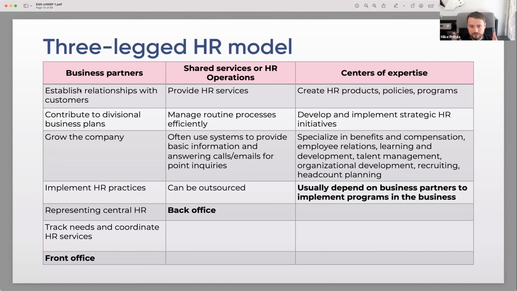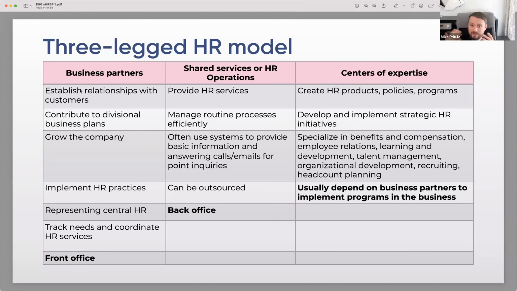So shared services, they provide HR services like small, I would say transactional HR services. Manage routine processes efficiently, often use systems to provide basic information and answering calls, emails for point inquiries, can be outsourced and is considered as back office.